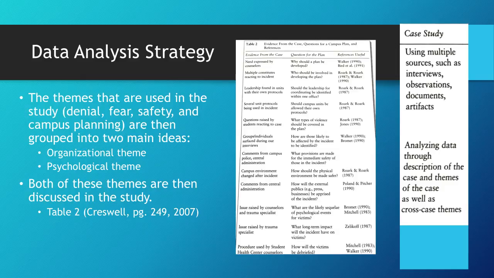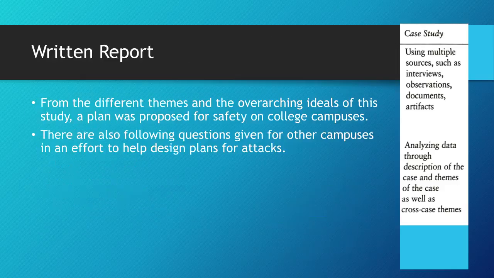I think it was important to look at the individual evidences and the people that they are talking to, that it's not just a need expressed by counselors or an issue raised by trauma specialists, but they've gone through and talked to leaderships and answered the questions raised by students reacting to the cases themselves.